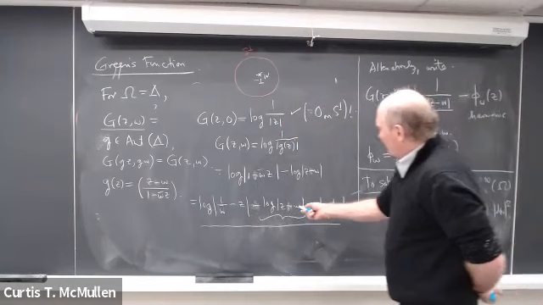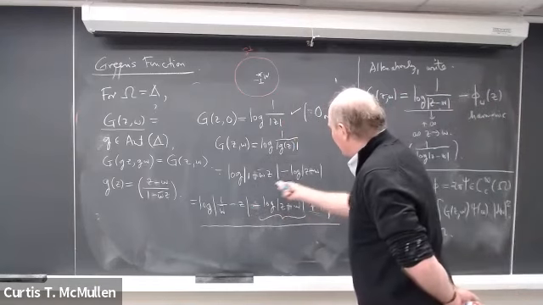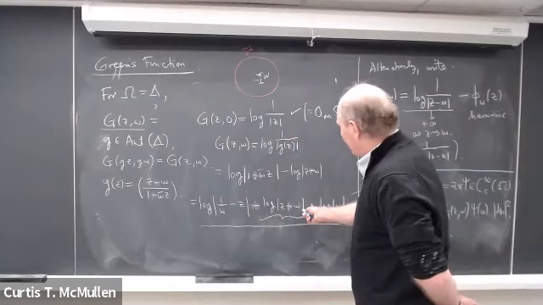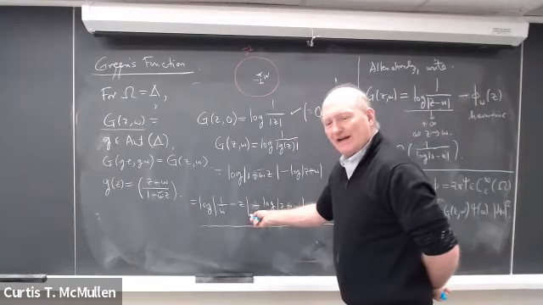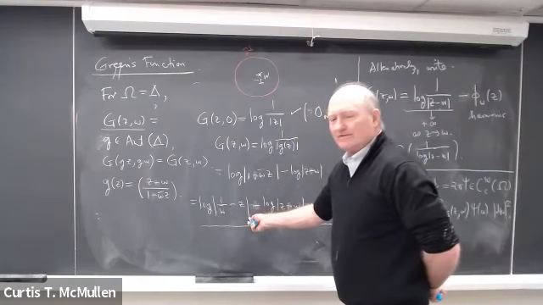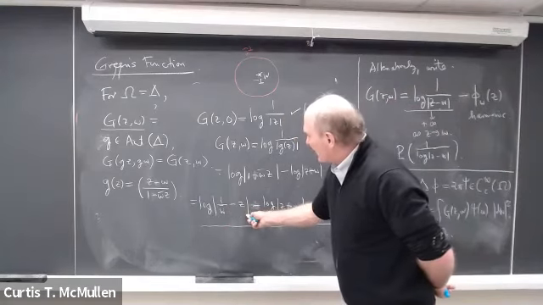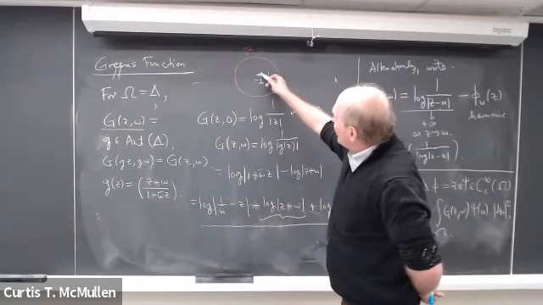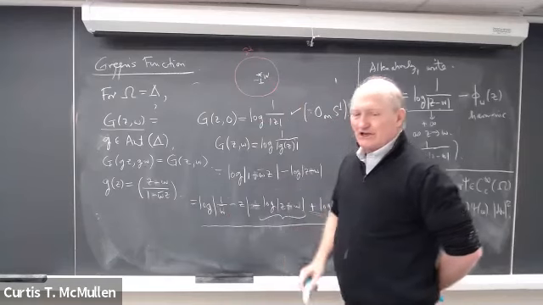Okay, so when z goes to w, you get your point charge with a minus sign because of this term. But what about this mystery term here? This mystery term corresponds to a positive charge. And where is this positive charge? It's at 1 over w bar. Now, where is 1 over w bar in this picture?